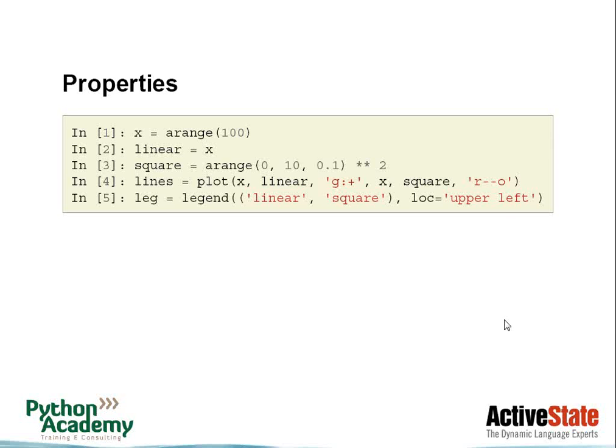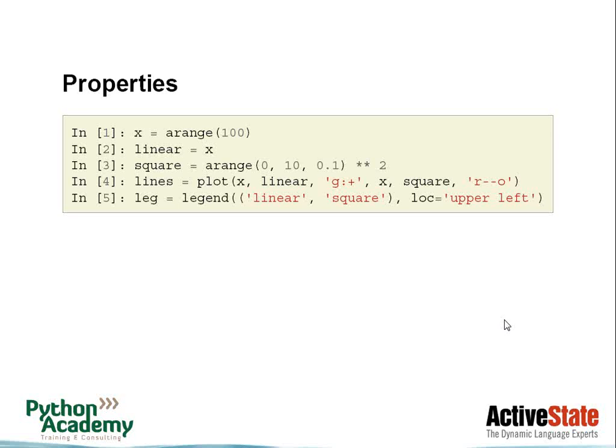And I use both of those arrays and create a plot. It says lines is plot, and I use x for the x-axis and my linear. This will be my first line. And then I provide a very short string for the properties. It's a green dotted line with pluses as markers.